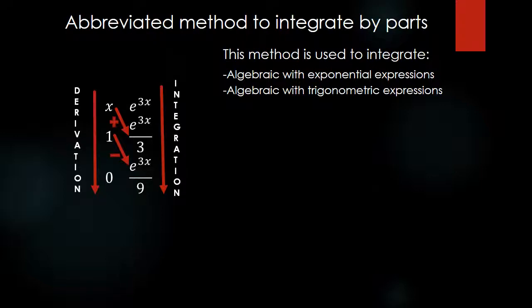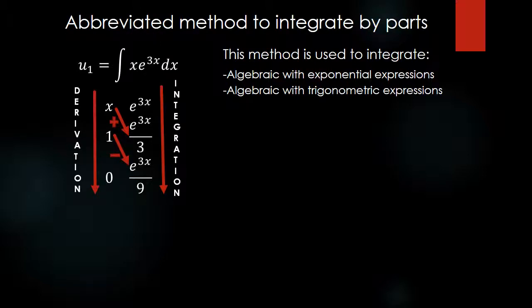In the first integration by parts, we have x multiplied by e to the 3x. We put the x in the first column and e to the 3x in the second column.